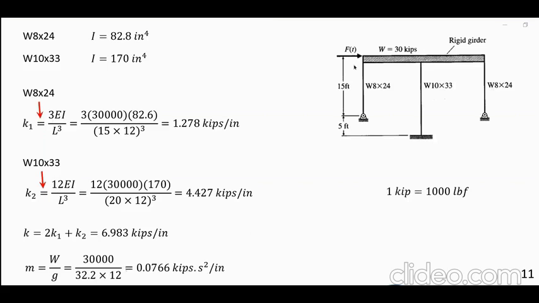Now, the mass of this floor is the weight of it, which is 30,000 pounds, divided by, if you're working with inches, 386.4, which is 32.2 times 12, and you get this. This is the mass, in that weird unit, slinch.